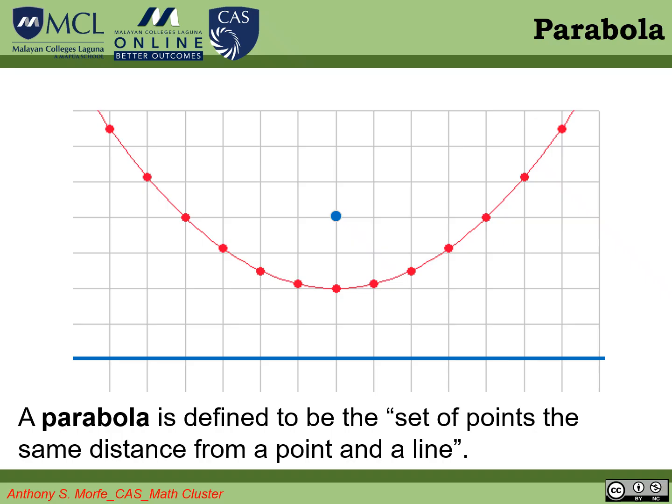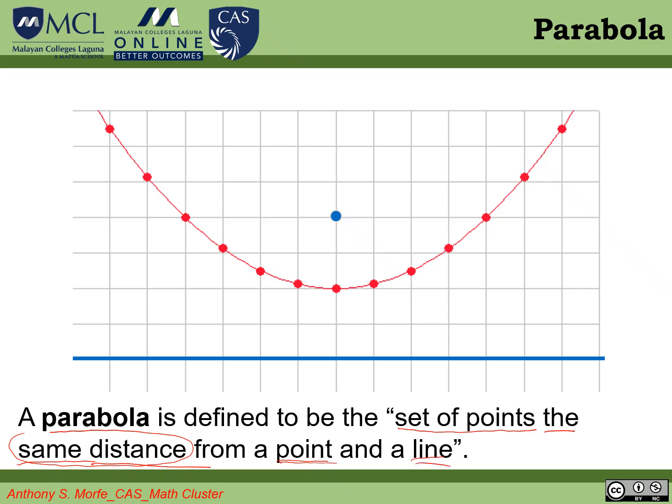A parabola is defined to be the set of points the same distance from a point and a line. So we're talking about the same distance from a point. Which point is that? Where is that point? I will show you that later. So a point and a line.